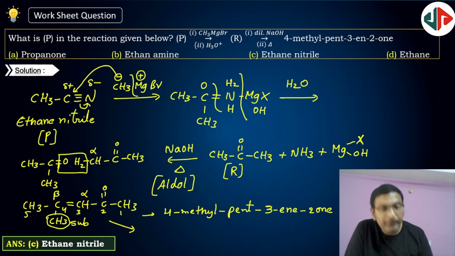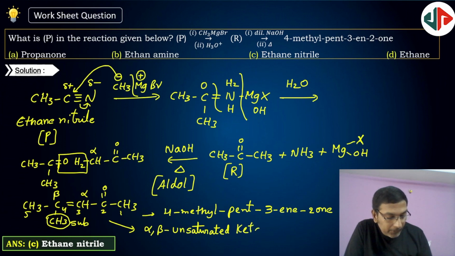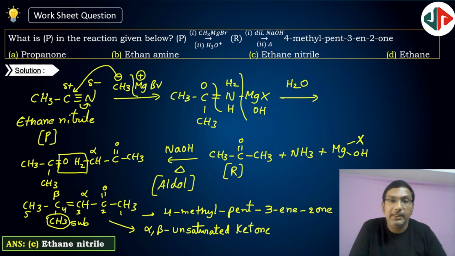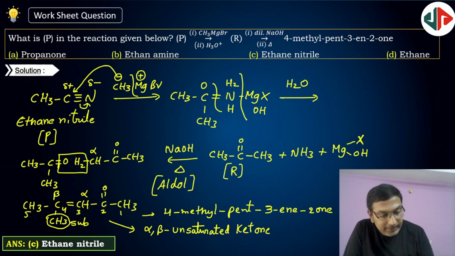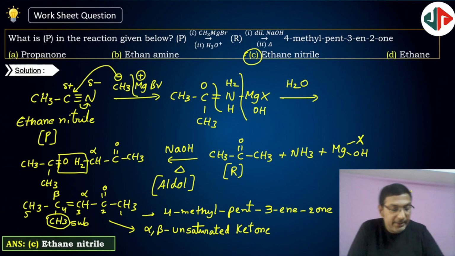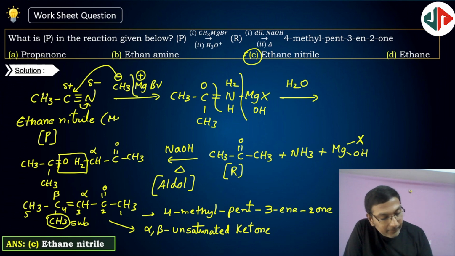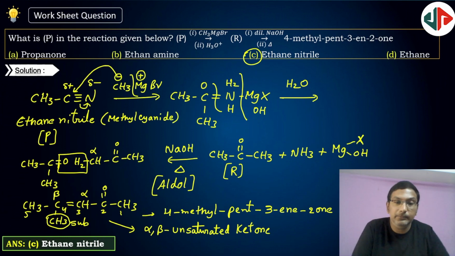And the IUPAC name is 4-methyl pent-3-en-2-one. So therefore option C. Initial compound is ethane nitrile, or we can say methyl cyanide, common name. Next.